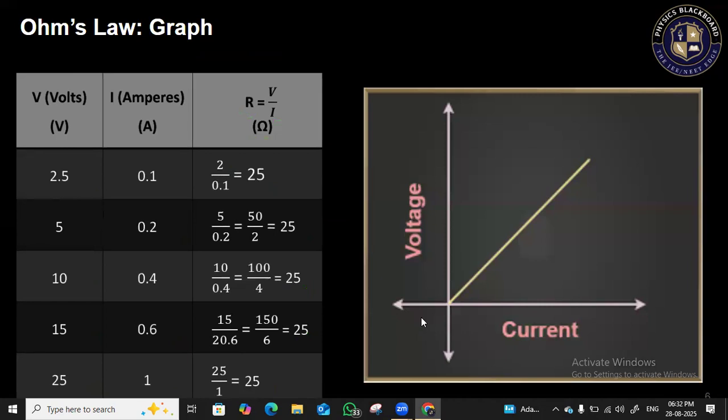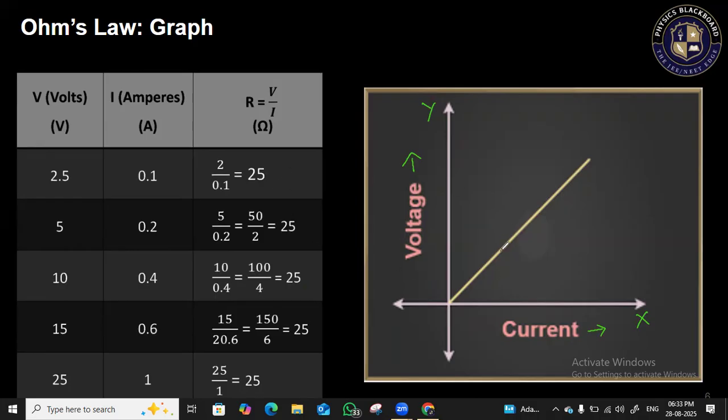Yes. And if you plot the graph for this experiment, you can find the graph here. Here you can see that the current is taken on the x-axis, okay? And the potential difference is taken on the y-axis. Now you will get a straight line from the origin. Why?